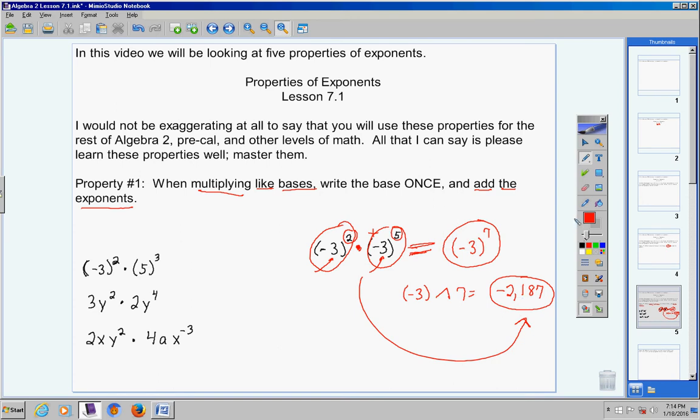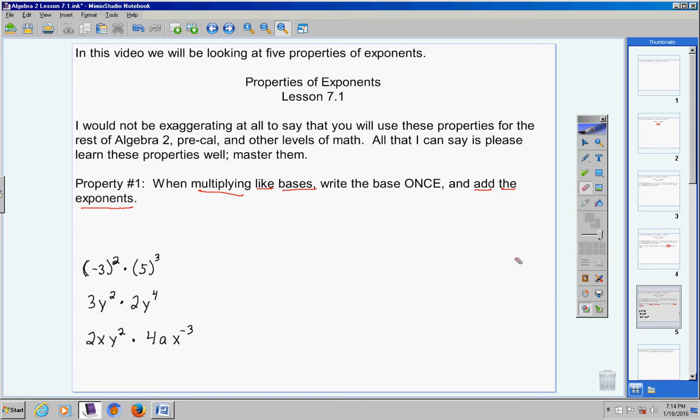Alright, let's try another one. Alright, let's take a look at this one here. Now, this is kind of a trick problem here. What is my base? -3. What is my base? 5. Are they like bases? No. Okay? So since they're not like bases, you cannot use that property.